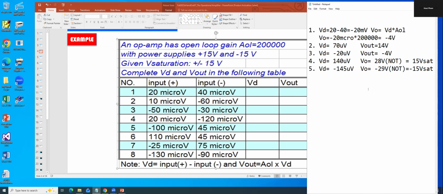Okay, number 6. VD. Let's see, 110 minus 45. So that's like 65 or something? 65.